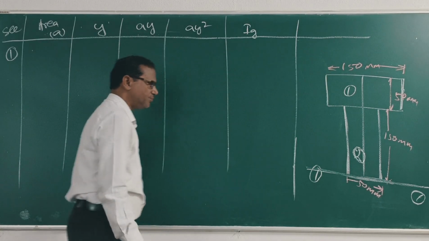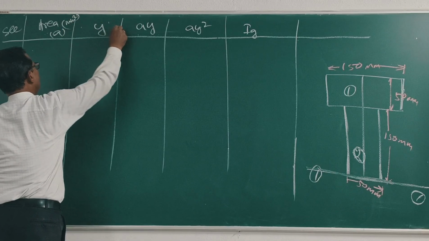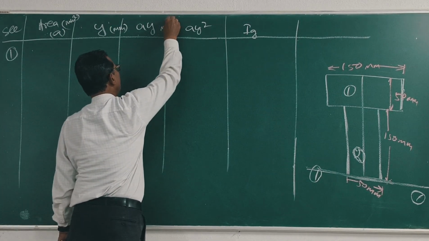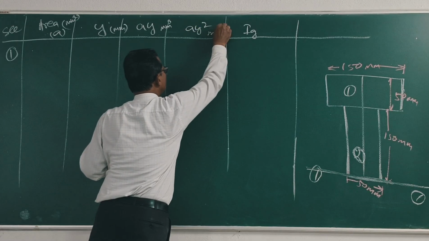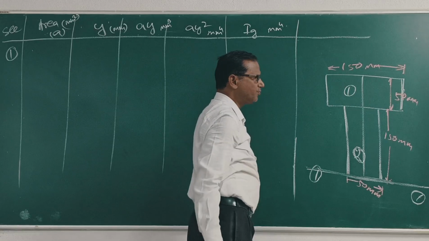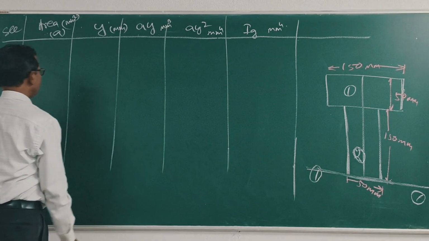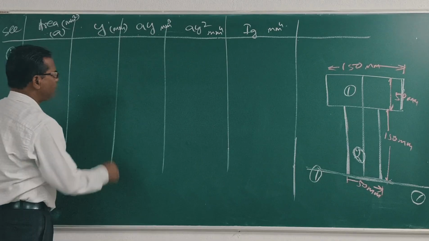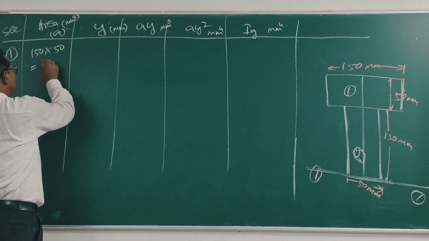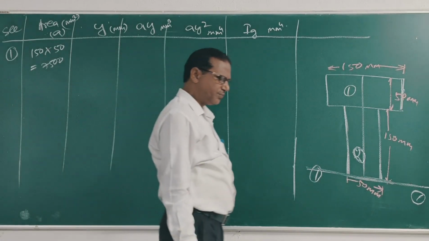150 into 50. Area is in mm square. For section 1, the area is 150 into 50, which is 7500 mm square.